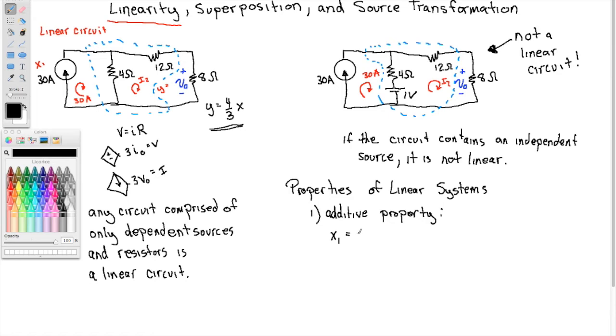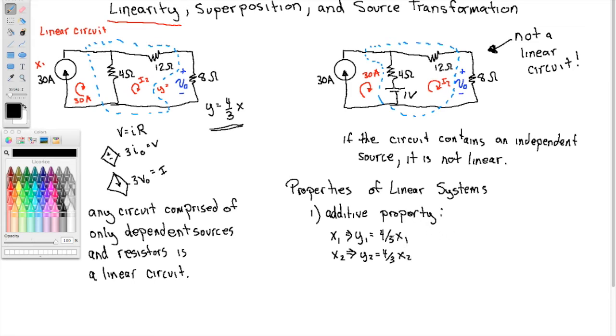That's going to give me a certain output. And if I put in a different input, x2, that's going to give me the output y2 is 4/3 times x2.